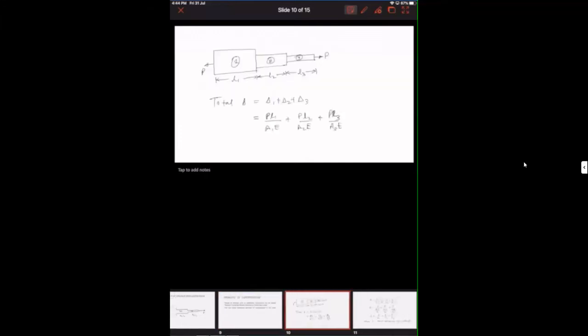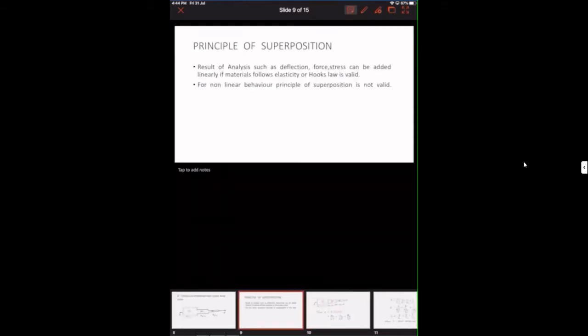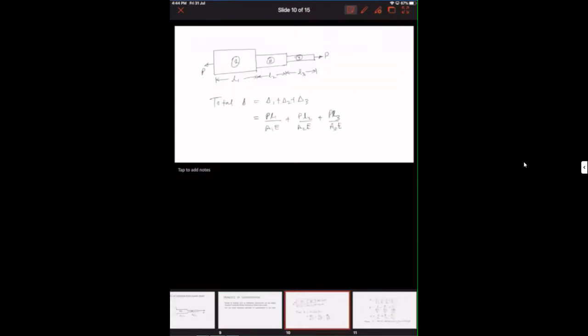To calculate the deflection of such an arrangement, we must know what the principle of superposition is. Why do we want to understand it? Because we are going to calculate the deflection separately for each portion. Let's suppose I call this my element 1, this is my 2, this is my third element whose area is A3 and material is E3.